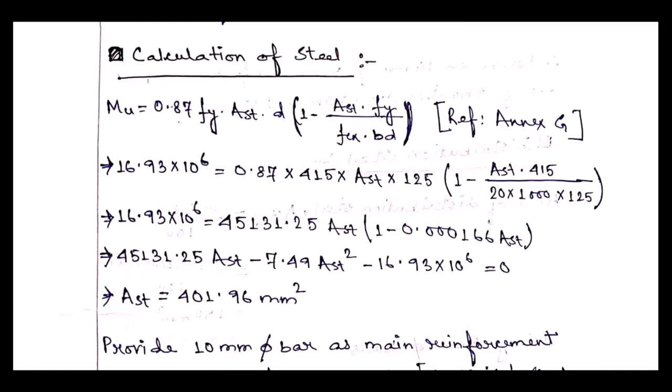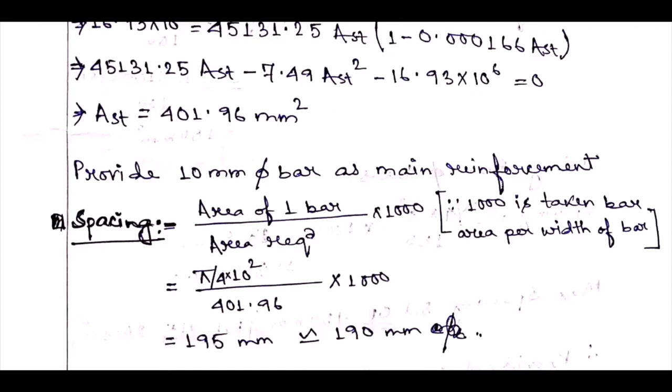So from this equation we can get this value of Ast, that is 401.96 mm square. Now provide 10 mm diameter bar as main reinforcement. Spacing. So spacing is equal to area of one bar by area required into 1000, as 1000 is taken as bar area per width of bar.